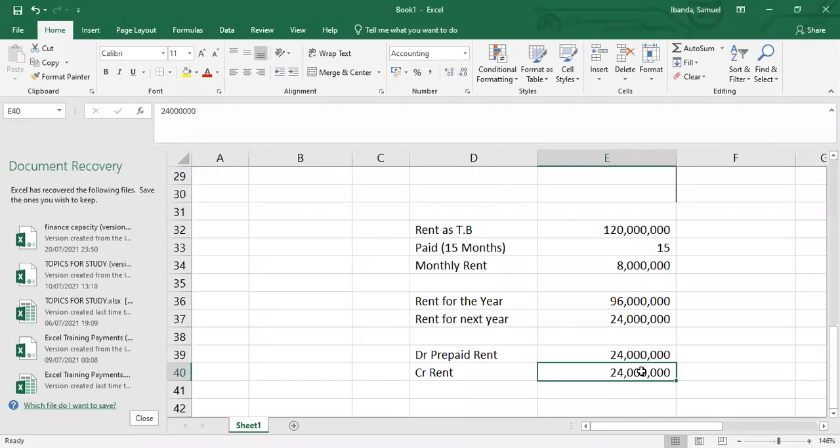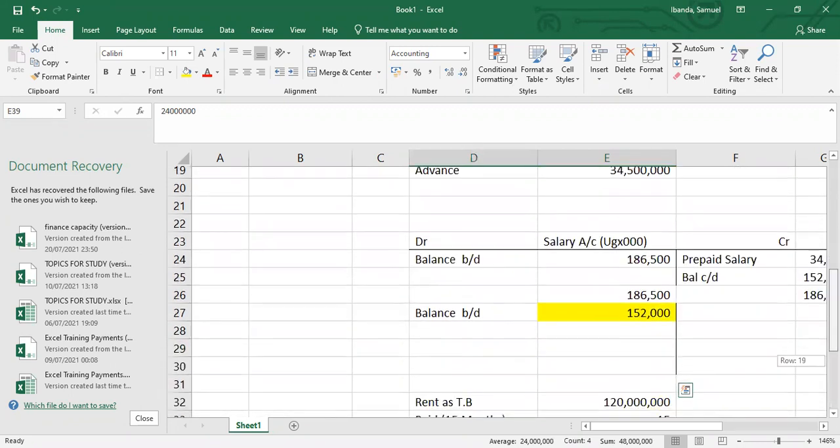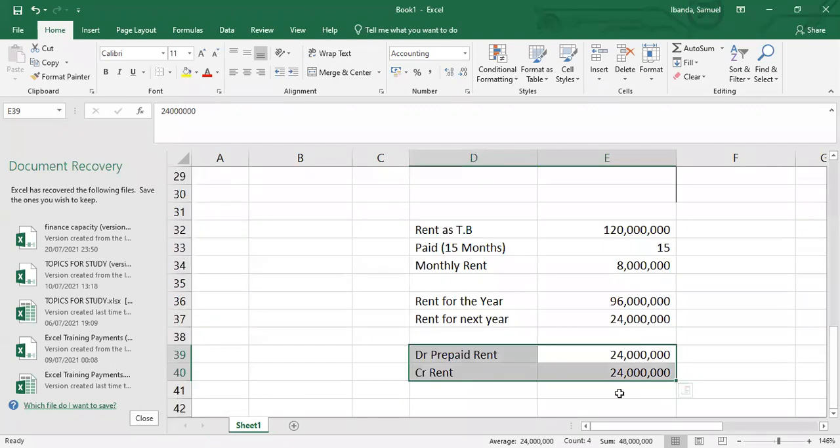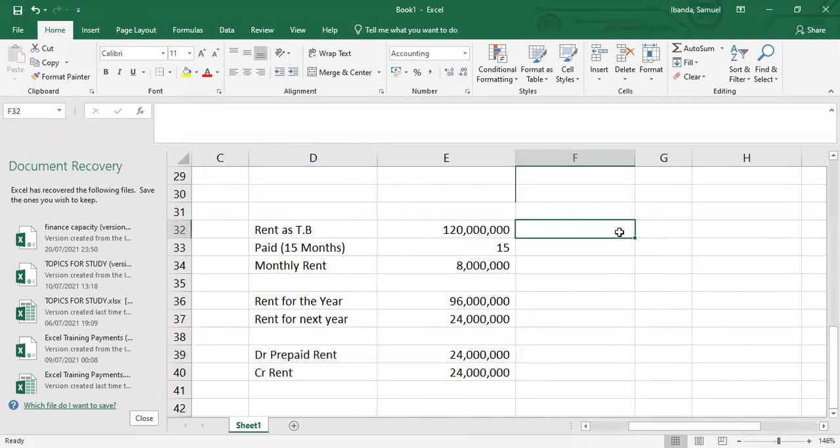So that will be the double entry for our rent. Now you can put this into ledgers, just in case you need to. But if you can be able to think this through from here, then you may not have to.